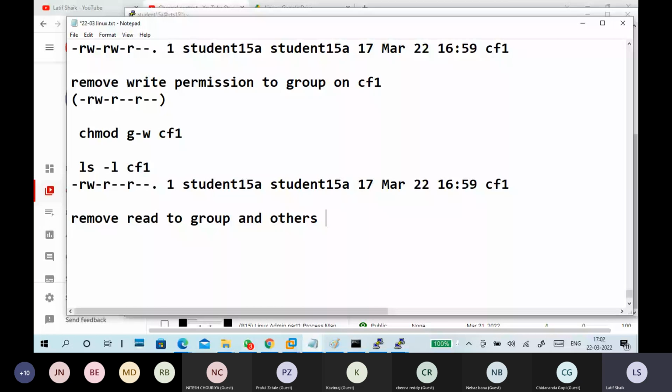Obviously the current permission is rw, so you won't get read either, like this. Okay, so this is the output.